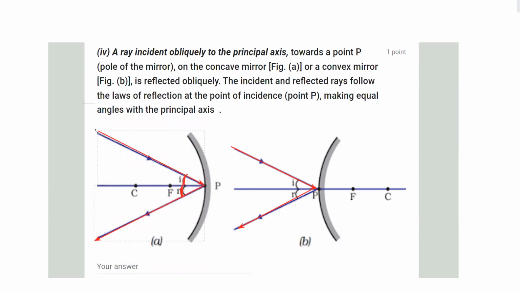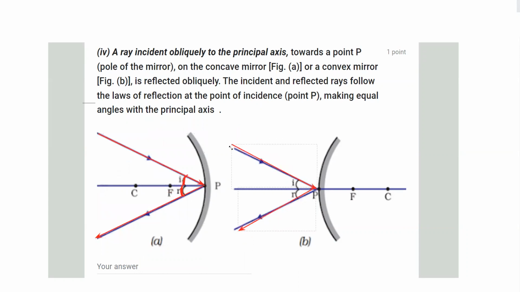So when a ray is incident obliquely towards the pole of a concave or a convex mirror, in both cases the incident ray and the reflected ray follow the law of reflection, and at the point of incidence they make equal angles.